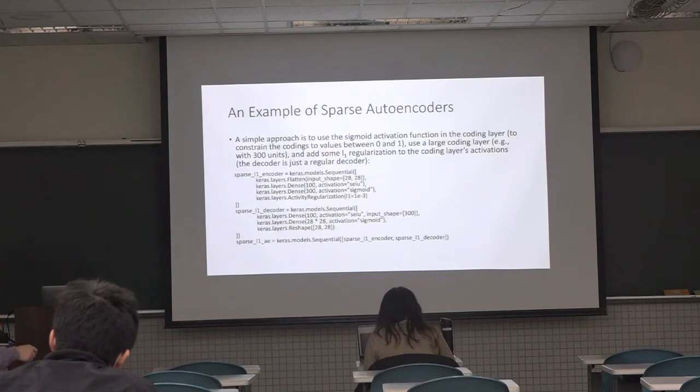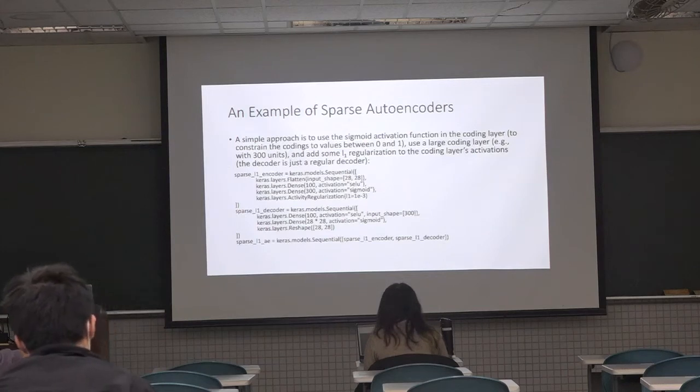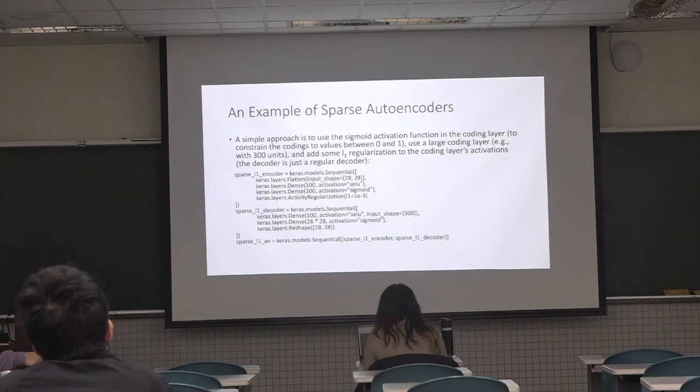After this dense layer, we intentionally add the activity regularization, L1 equal to 1e-3, 10 to the power of minus 3. So we put a regularization to constrain the activity of the coding layer. For the sparse L1 decoder, there's pretty much nothing to talk about.